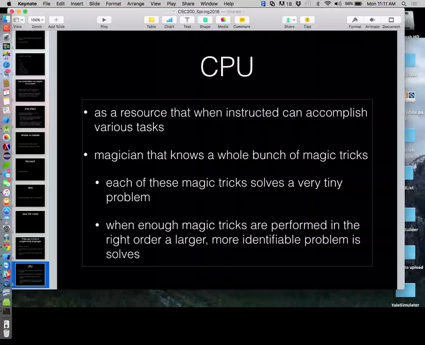There was a whole bunch of little magic tricks that we know how to perform that had to happen in order for that to happen, right? Can't pick up the quarter until we've gotten down to the quarter's level. So that had to be done in a certain order. So think of the CPU as this kind of thing. Just like as human beings, we have our stock capabilities. We can bend our elbows, we can turn our hands. So we have all sorts of little go-to moves that we solve all of our problems in terms of.